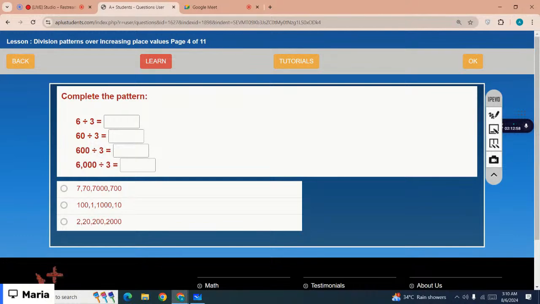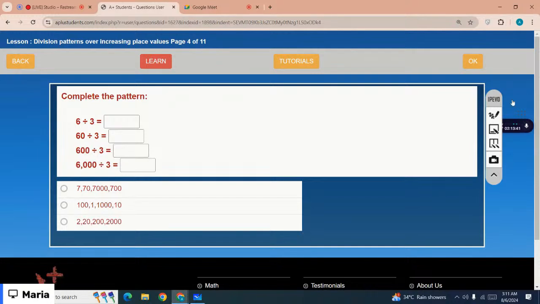So which is the correct option? 6 divided by 3 is 2. 60 divided by 3 is 20.